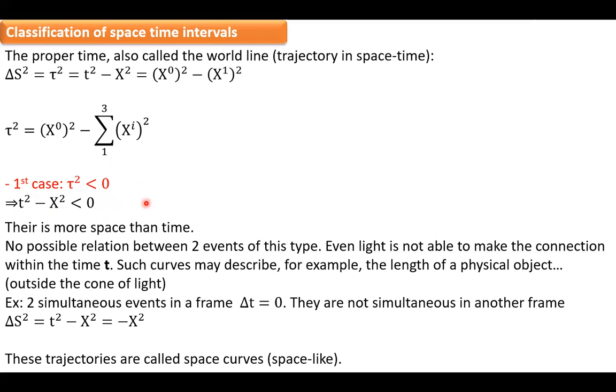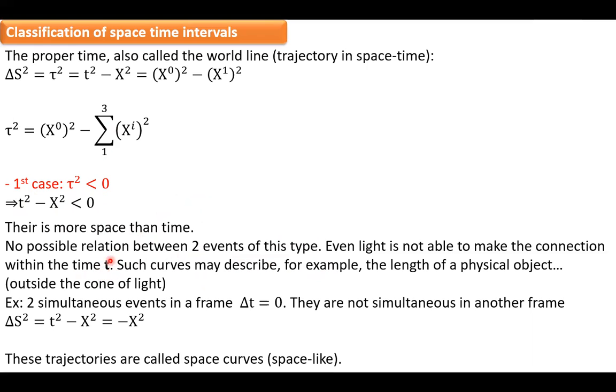So what does it mean to have more space than time? It means that there is no possible relation between 2 points of this type, or 2 events of this type. Even light, which is the fastest thing in this universe, could not go from point A to point B within the time t.